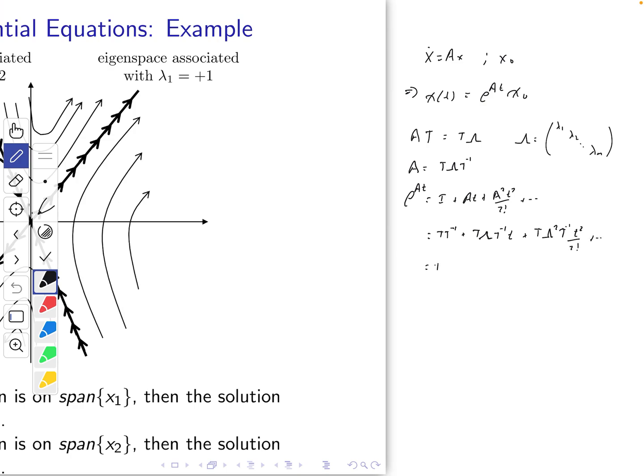And then we can write this as T times I plus lambda t plus lambda squared t squared over 2 factorial plus dot dot dot, times T inverse.